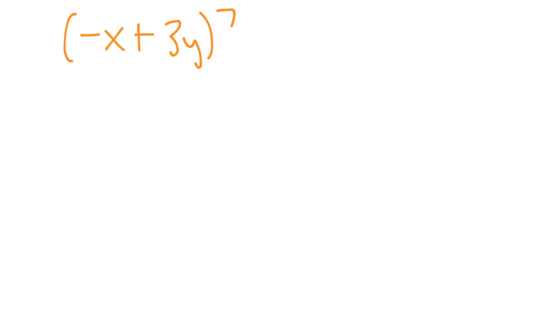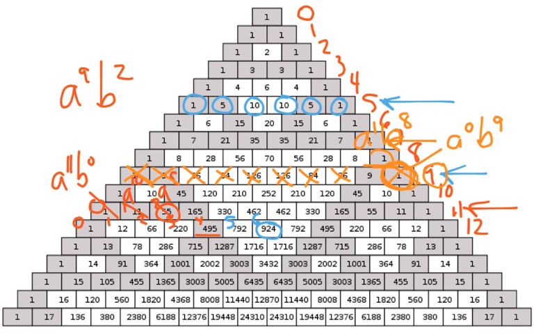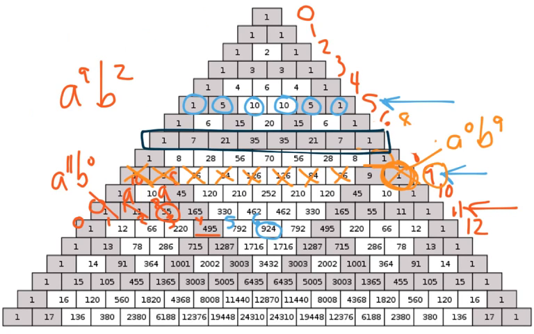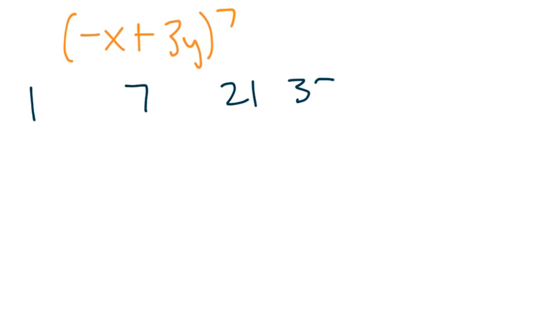Honestly, we'd be better off probably just doing the whole thing, or at least starting to do the whole thing. Okay, so we go to the 7th row, which is right here. Okay, so it's going to be 1, 7, 21, 35, 35, and then back.